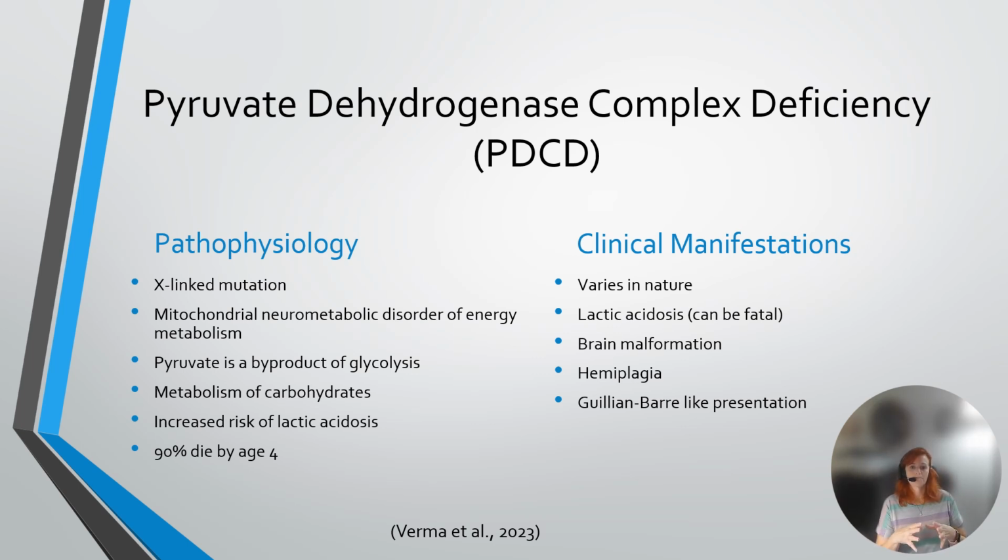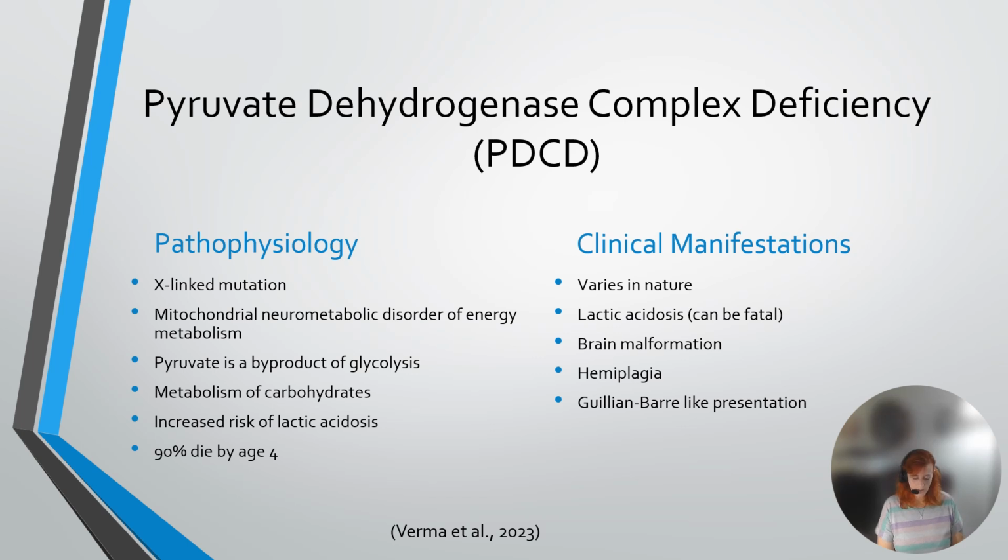So this PDCD is an X-linked mutation. And then we're having a disorder of energy metabolism. Pyruvate is a byproduct of glycolysis. And if you see that word glycolysis, you should be thinking glycogen, glucose, kind of in the same ball field. So you're going to think, oh, metabolism of carbohydrates. So just kind of one of those, if you need some good remembrance, okay?